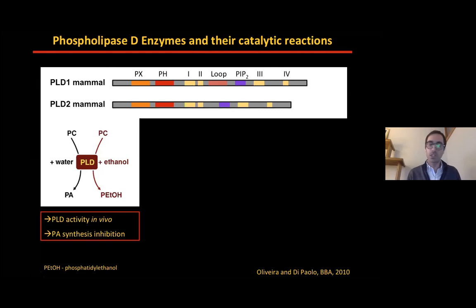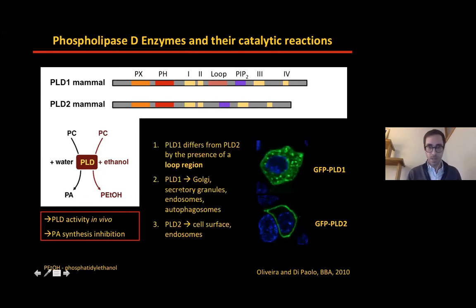Some researchers in the past have also used this as a way to indirectly inhibit the function of PLD by diverting its normal production of phosphatidic acid. In terms of phospholipase D's location in the cell, PLD1 has been reported to be more in the Golgi, secretory granules, endosomes, and autophagosomes, while PLD2 has been shown to be more in the vicinity of the plasma membrane.